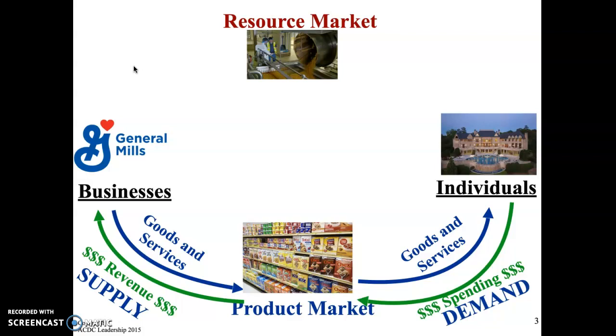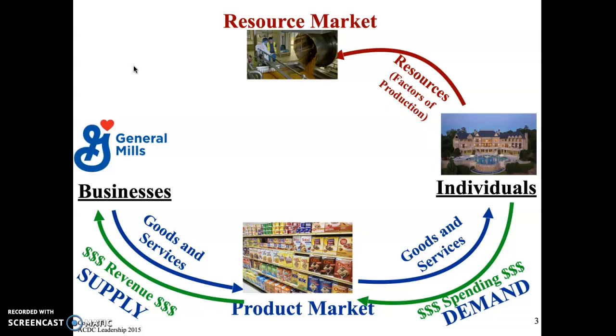Okay. On the other side, all right, how do you get the money that you need? Well, you earn it in the resource market. So you have to do a job, some kind of job in order to earn money, and then that money is then used to buy other goods. So individuals, they provide the factors of production. They provide the resources.